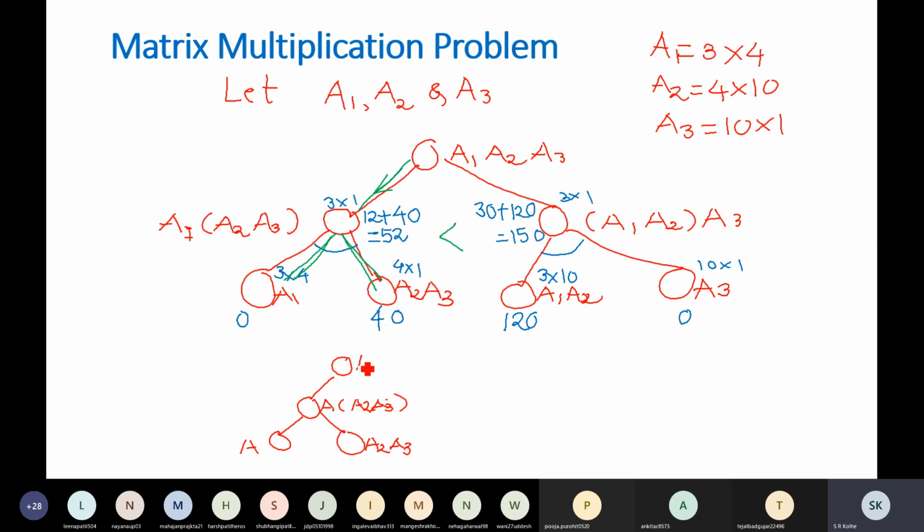This is your final multiplication of A1 with A2 with A3. This is the solution path, or more correctly, a solution tree. Now it's not a path, it's actually a tree. Okay. Any question up to this?